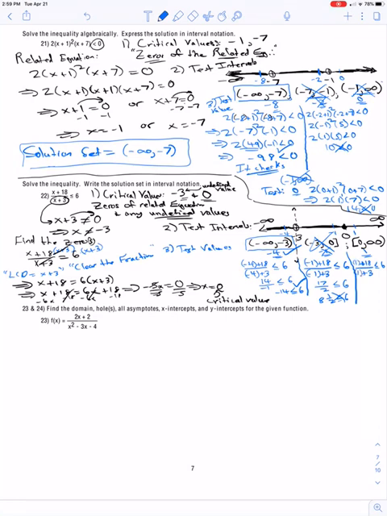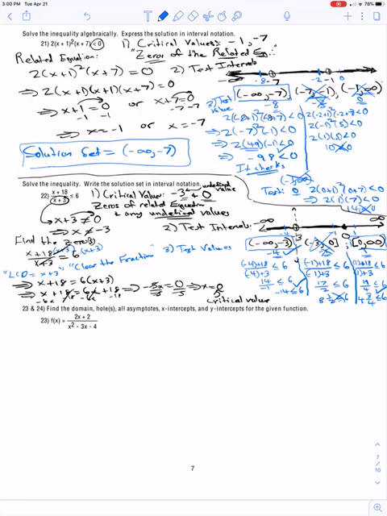So testing the interval of numbers greater than or equal to 0, as I simplify that, that's 19 over 4. Well, 19 over 4 is 4 3/4, and 4 3/4 is less than 6. So it does check. That's a solution to this problem. That means we've got to include all numbers greater than or equal to 0.